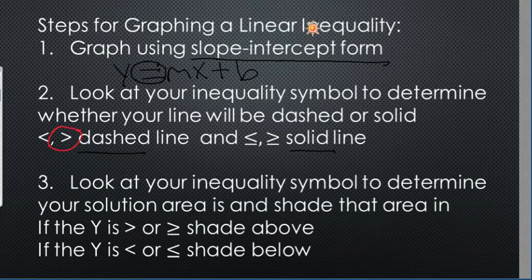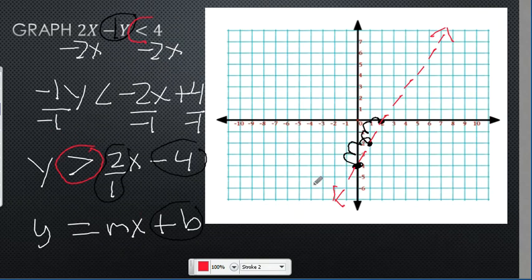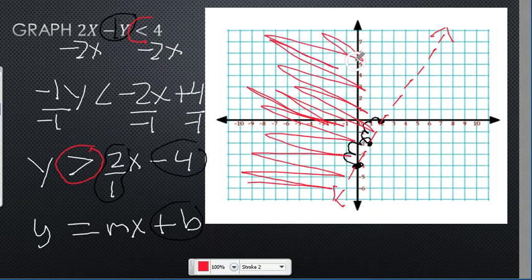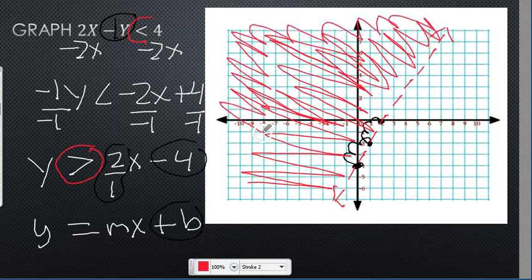If you refer back to our notes, if the y is greater than, we are going to shade above. So because our y is greater than, we are going to shade above. This whole half of our coordinate plane is shaded.